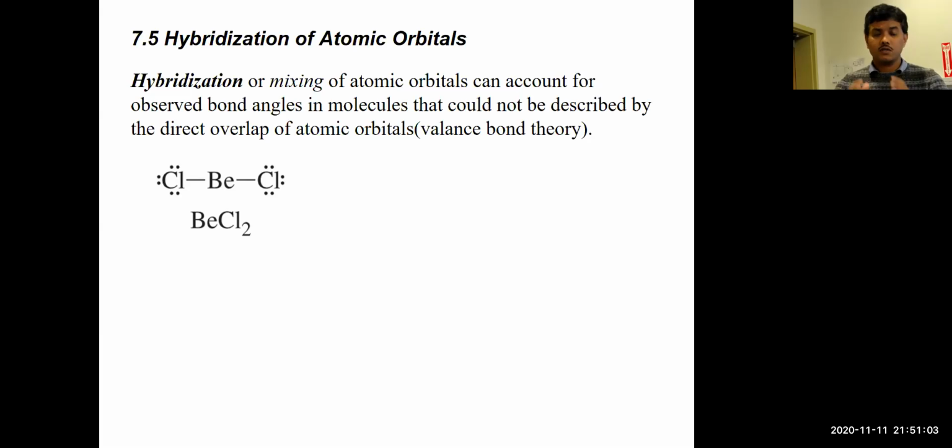Hybridization is the answer to all of these questions. Hybridization is the most fundamental, bedrock foundation of bonding, because hybridization systematically and in detail explains how bonding occurs between atoms.